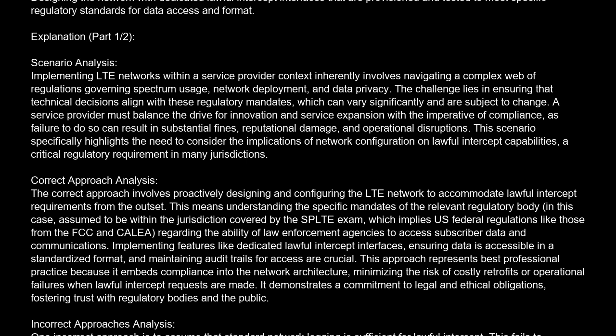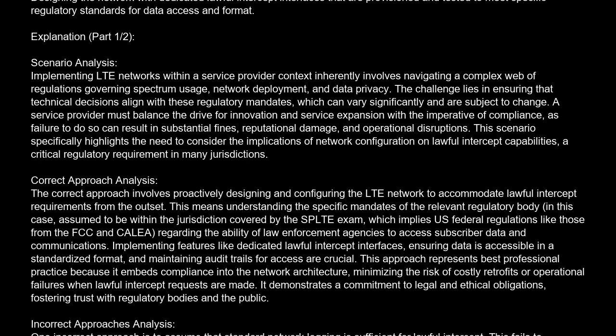This scenario specifically highlights the need to consider the implications of network configuration on lawful intercept capabilities, a critical regulatory requirement in many jurisdictions. Correct approach analysis. The correct approach involves proactively designing and configuring the LTE network to accommodate lawful intercept requirements from the outset.